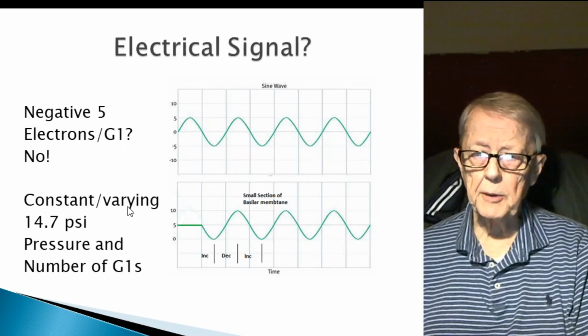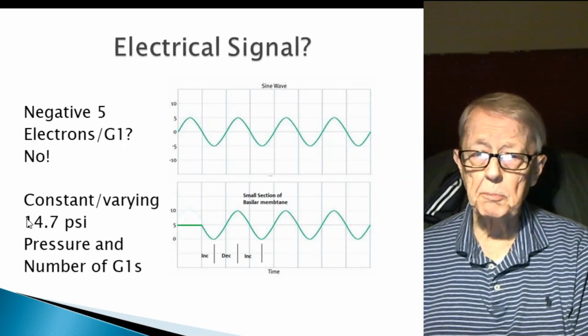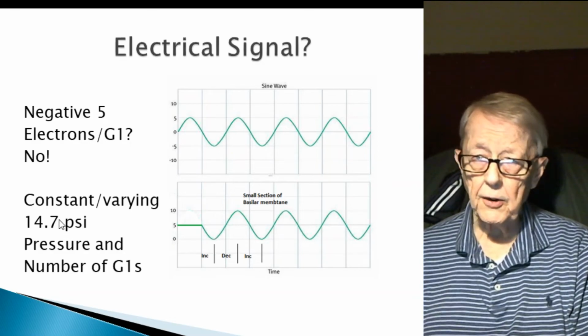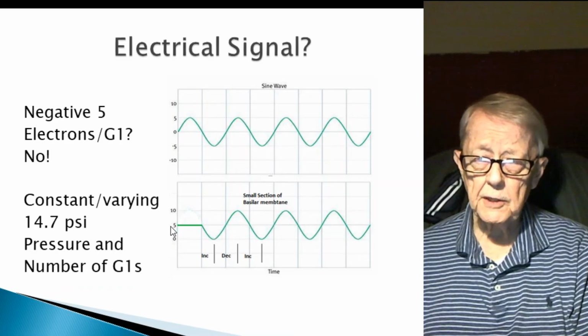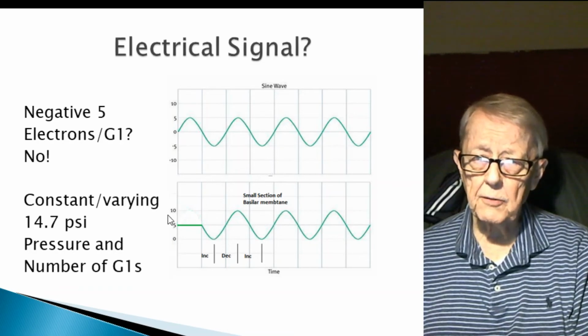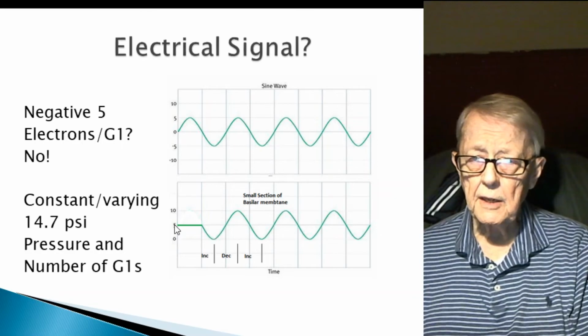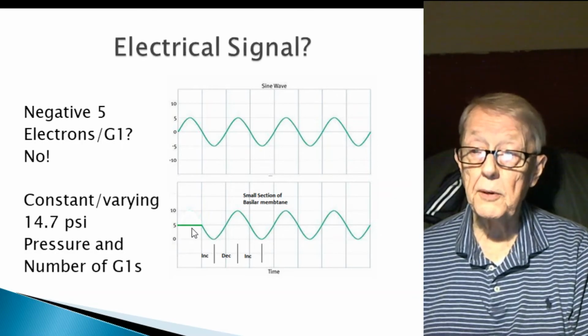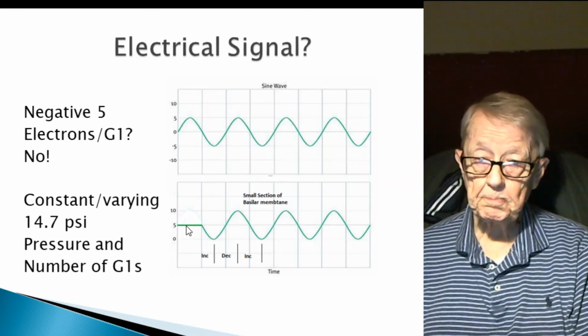So on the basis that there is a constant pressure, 14.7 psi, on our ear. It's constant, except it varies a little. So with that little varying, it's going to send a stream of continuous G1s, in my opinion, to the brain.